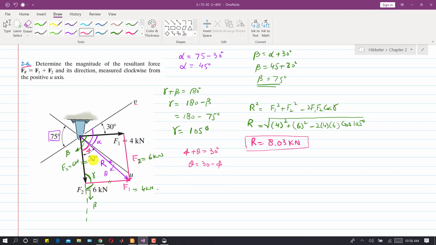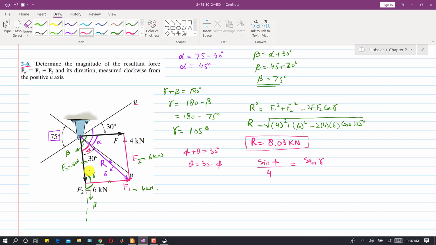We can find this phi using the sine law for this lower triangle. If I apply the sine law, we can write sine of phi divided by the magnitude of the opposite side. This is the opposite side, this F1, so I will write divided by 4, and equal to sine of gamma, this angle, divided by the magnitude of the opposite side.